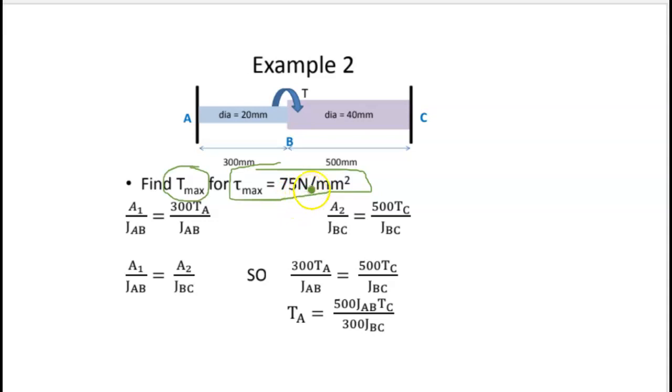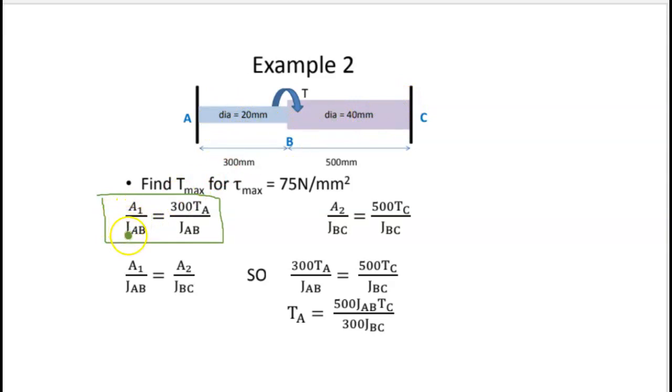Now, Newton per millimeter square, everything is millimeter, we keep millimeter. So we have a formula. We're taking that one as first one and that one as second one.